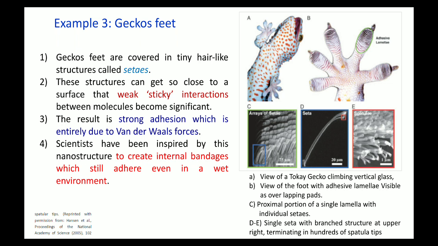So the gecko's feet have lamella structure. If you zoom into the lamella, you can see it is made up of arrays of setae. If you take a single seta and look at its top portion, hundreds of spatula tips are available.